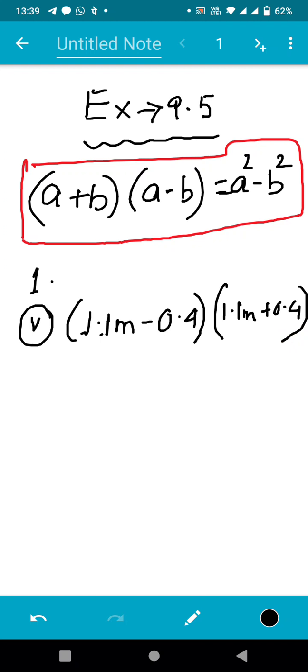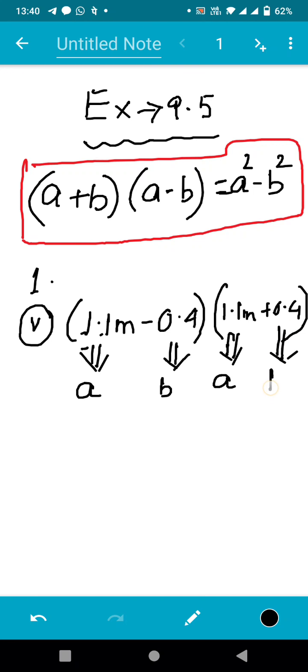Now if you carefully observe, students, if we consider this 1.1 m as a, and this 0.4 as b, same thing with the second bracket, you see the positions are same. In the first place we have 1.1 m, so we'll consider this as a, and in the second position we have 0.4, we'll consider this as b.